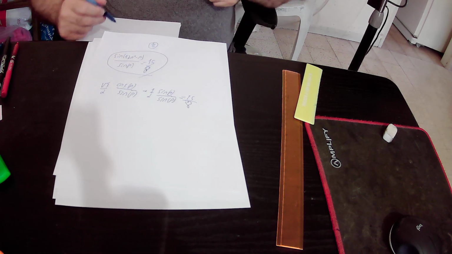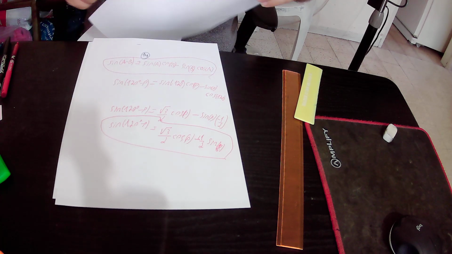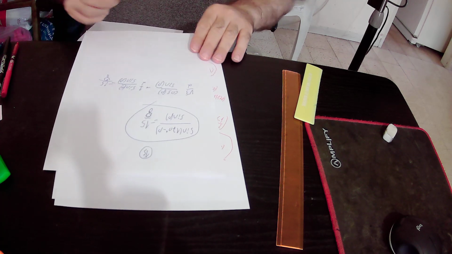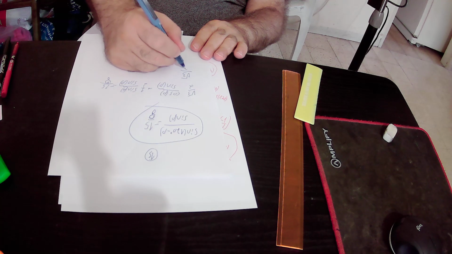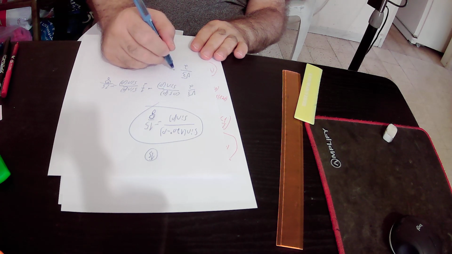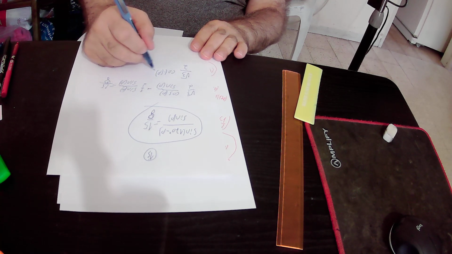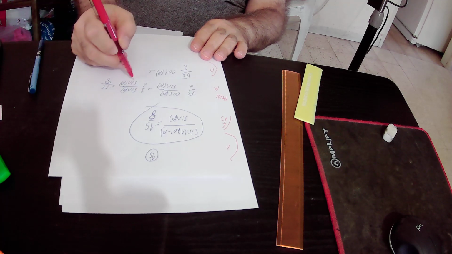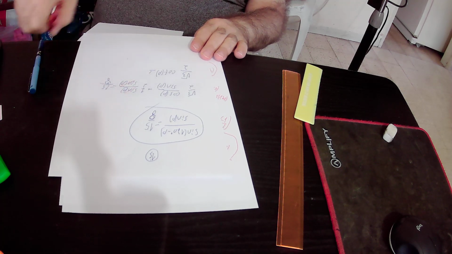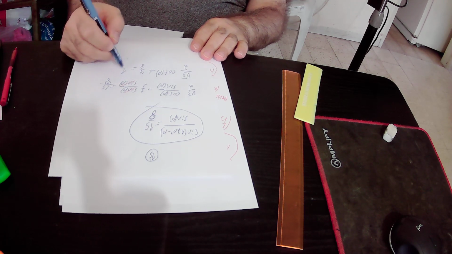So here cosine p over sine p is cotangent p. So we have root 3 over 2 times cotangent p plus sine p over sine p is 1, so sine p is cancelled, and we are left only with 1 over 2. 1 over 2 is 4 over 8, equals 15 over 8.